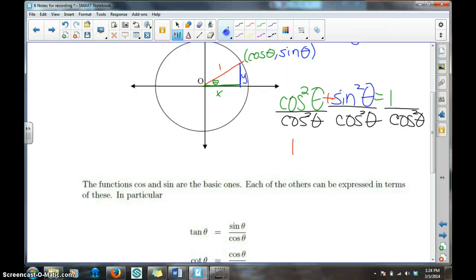what is sine over cos? Tan. So sine squared over cos squared is tan squared. And 1 over cos squared will be, what's 1 over cos?